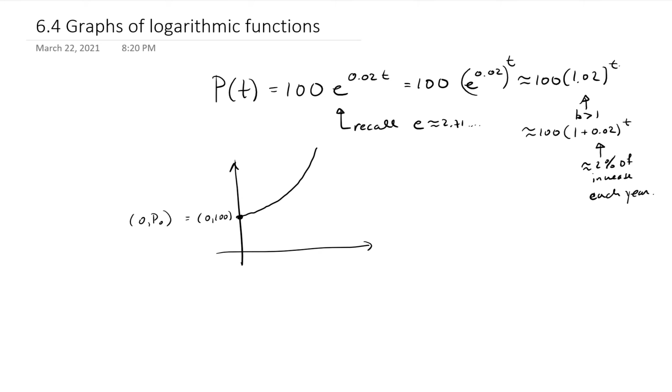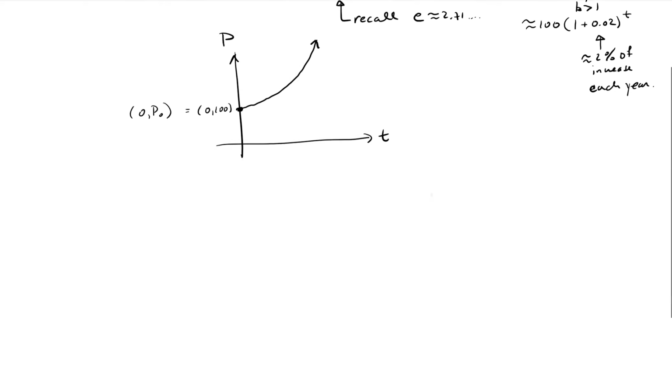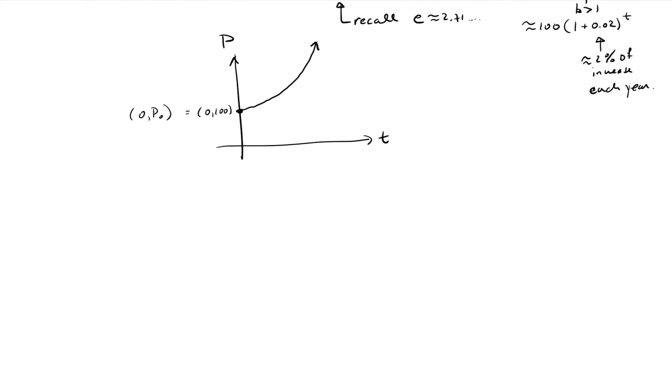And where does the logarithm come into play? Well, so this is t and p. So suppose instead what I'd like to do is, instead of having population as a function of time, I'd like instead to have, for a given population, how much time it takes to reach that population size.